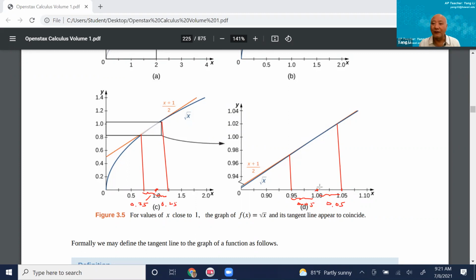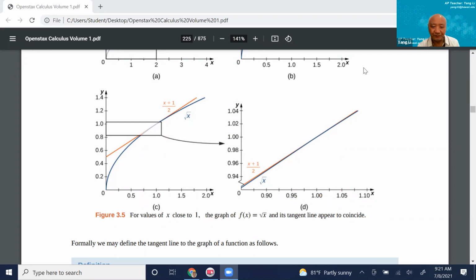So the tangent line is a good approximation for finding the value of the function if x is very close to the given point. But that's later on; we're going to study this part about differentiation.